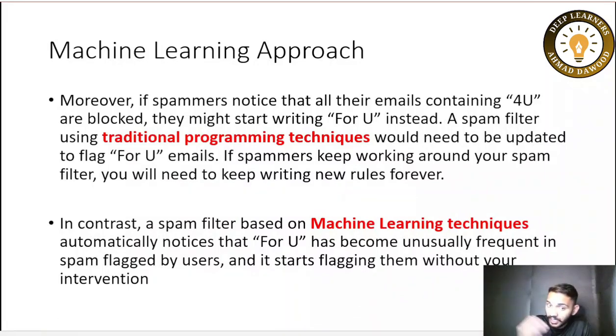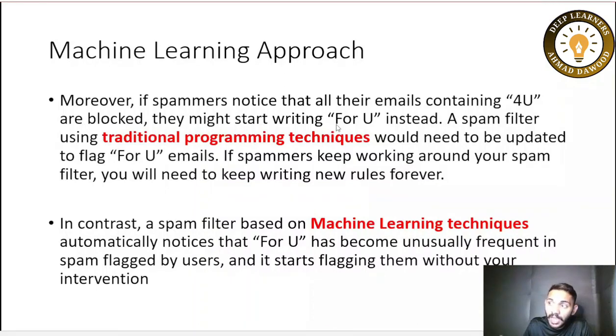Now, in the traditional case, if the spammer notices that all the emails containing the words 'for you' are blocked, they might start writing 'FORU' instead. So in this case, if you are using the traditional programming technique, you have to update your rules, and instead of 'for you', you have to make an additional rule for 'FORU', or update your program by adding this rule.